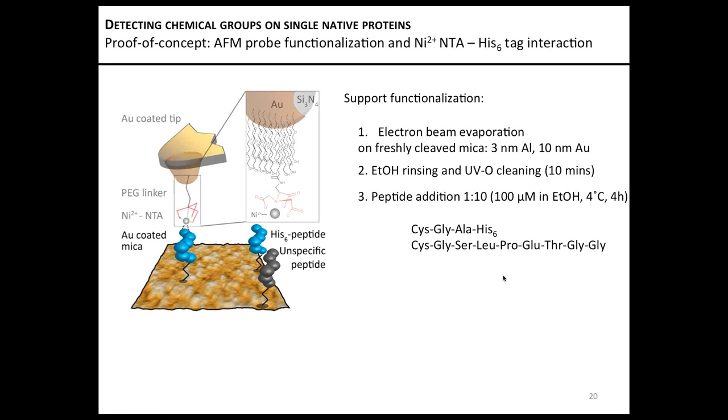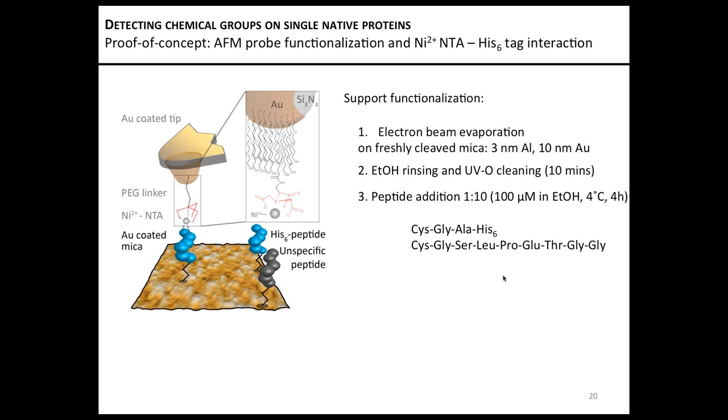Secondly, we want to have a model substrate in order to test whether our nickel-NTA his-tag system is really working. Also, is it really working with the PeakForce QNM AFM mode? So what we start with here is a gold-coated surface. It's basically freshly cleaved mica, which is gold-coated by electron beam evaporation.